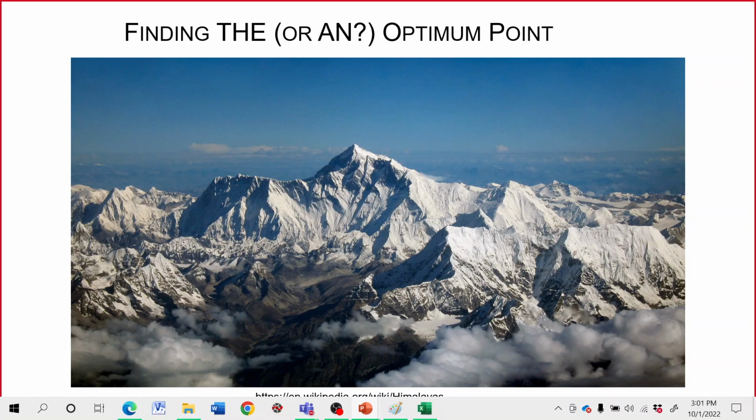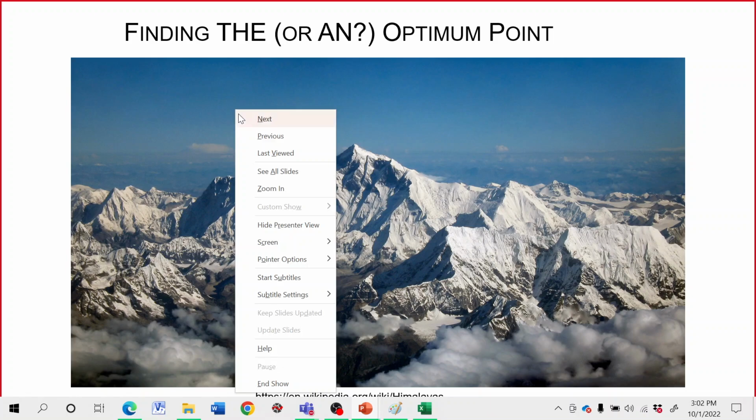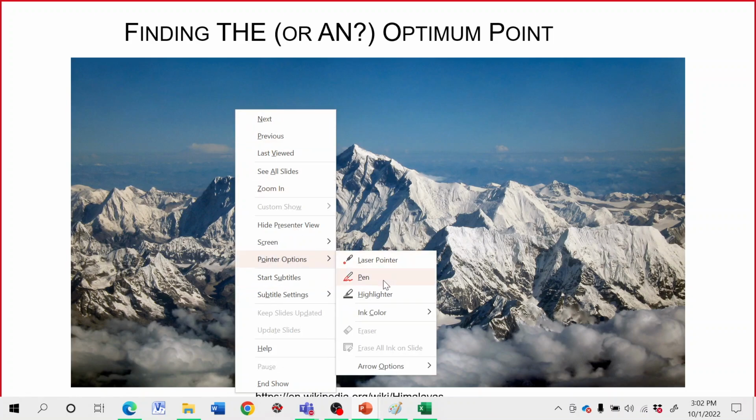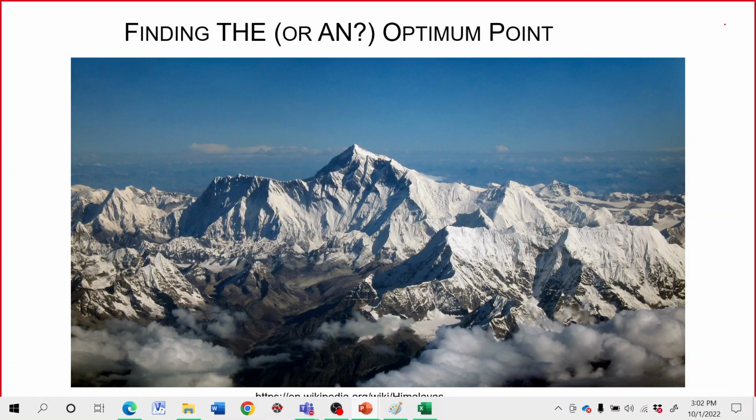Imagine that you are a blind person. What we want to find is this peak. In optimization, this is the maximum profit, because this is the highest.